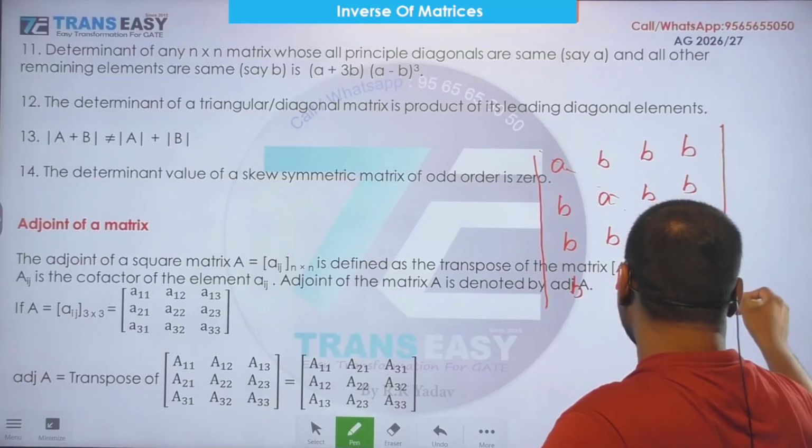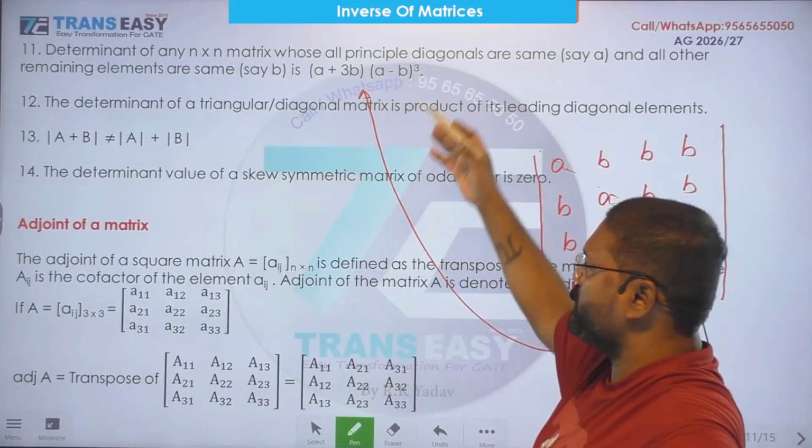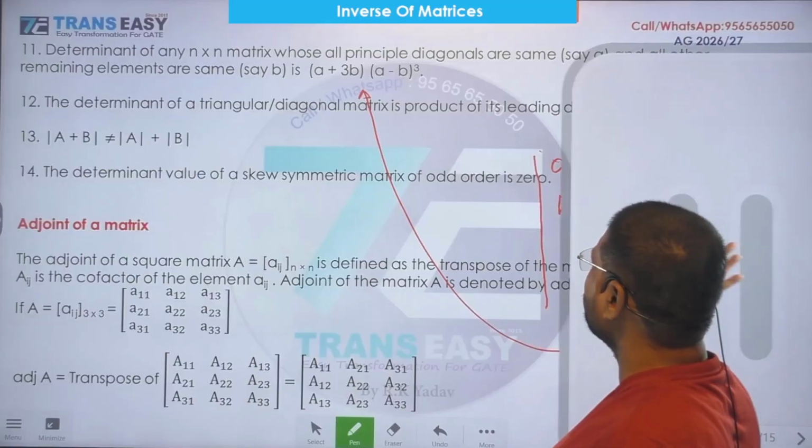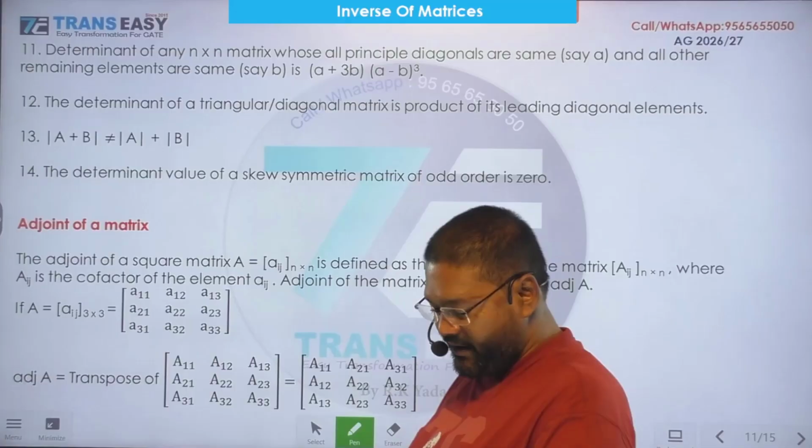So its determinant value is obtained by using this formula: A plus 3B into A minus B raised to the power 3. Remember this for quick calculation of determinant value of such a matrix.